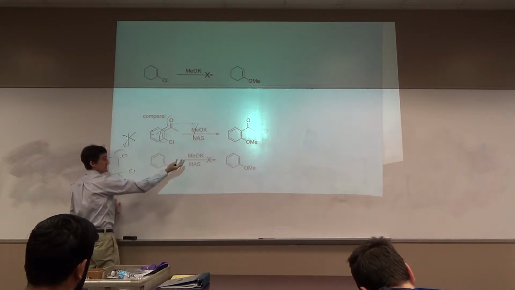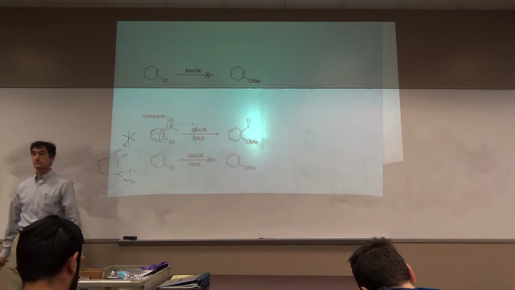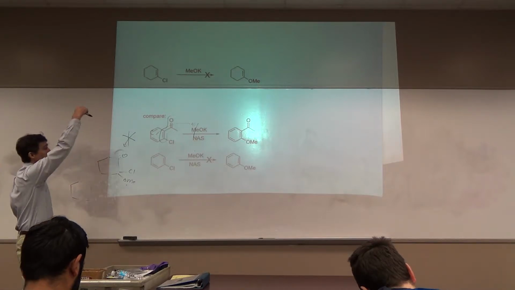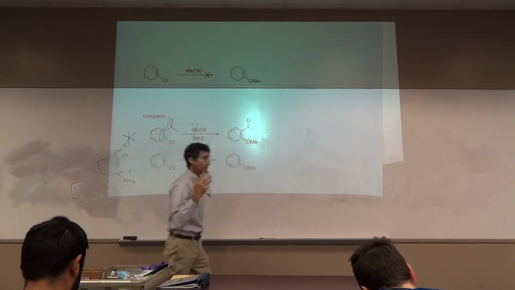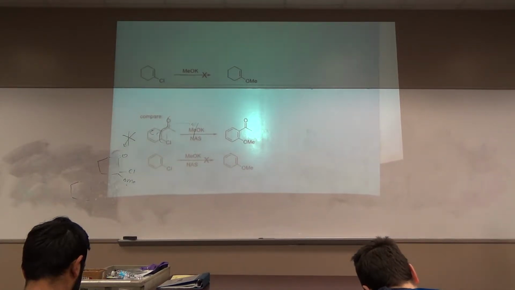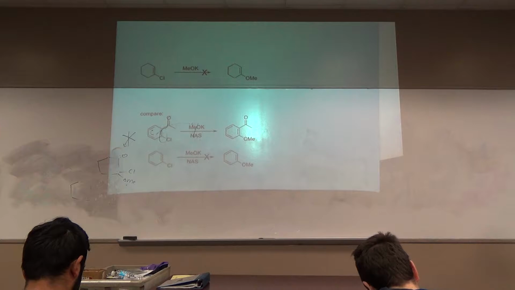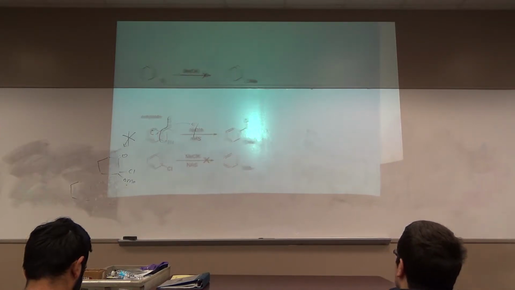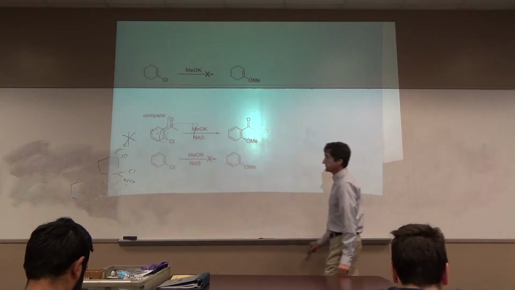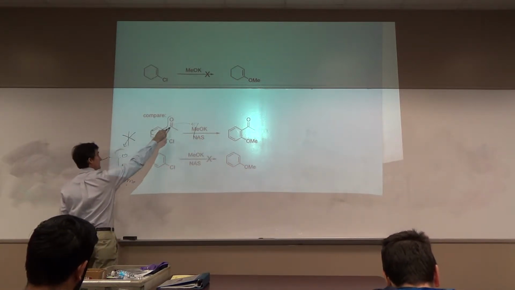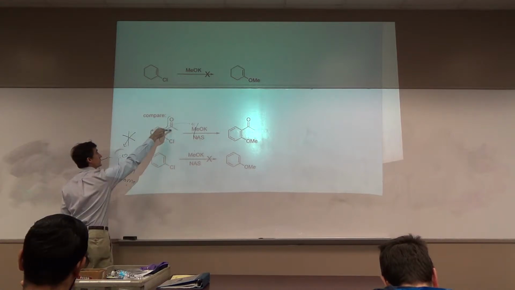But here, without it, it's not going to work. So having the double bond conjugated with the carbonyl, Michael addition, as opposed to 1,2, which would be a direct addition. And you can do a direct addition here, like a Grignard.